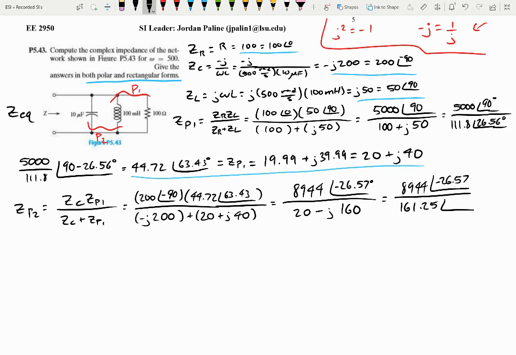The magnitude is 161.25, and the angle is negative 82.87.